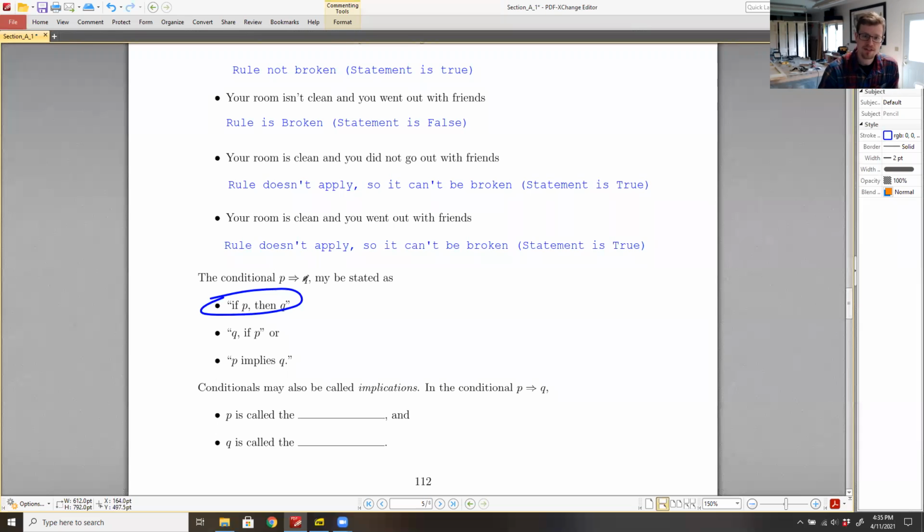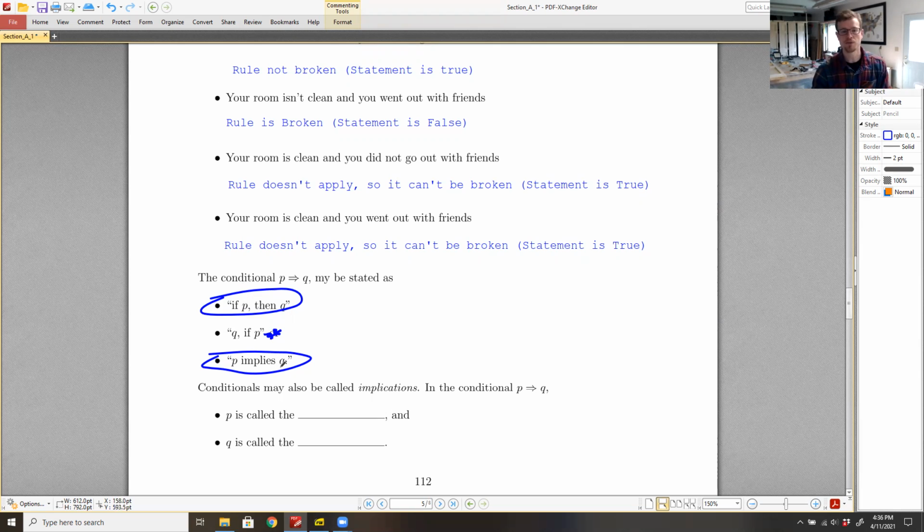Now that's maybe not super nice with the notation because you'd have to say if before you said P, but the notation doesn't come until after P. So a lot of times it's also said P implies Q. You'll hear P implies Q a lot, but you'll write it if P then Q. And then the weird way to say it is Q if P. So if P then Q is the way you probably want to write it.